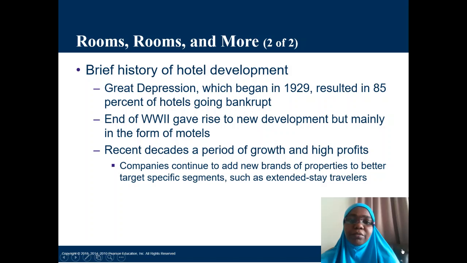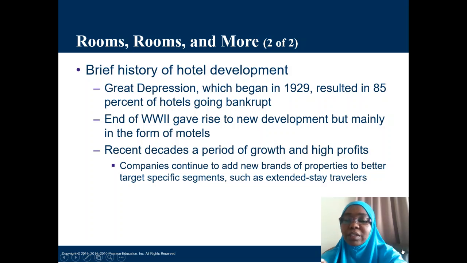So the development of the hotel continued from 1829, as I mentioned earlier, until 1929, when we had the Great Depression, and this resulted in about 85% of hotels going bankrupt. It's just like a few years back, when we had the outbreak of COVID in 2019, and it later developed into a pandemic. We all know what happened.